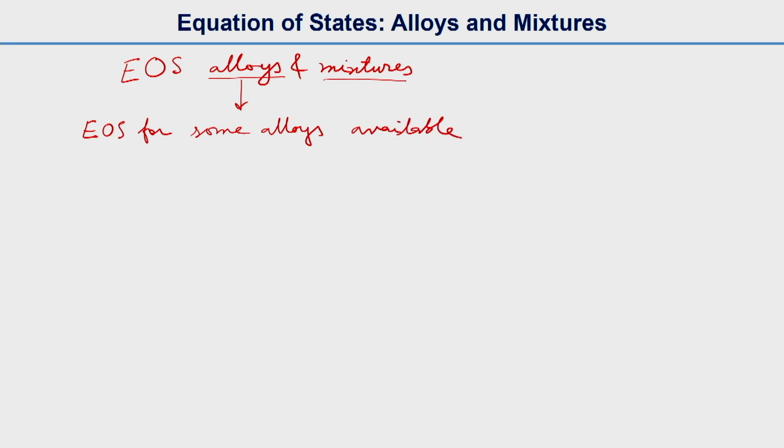For some unknown alloys, we need to find the equation of state by theoretical calculation. The EOS for alloys is not very easy, so the theoretical analysis is complex.